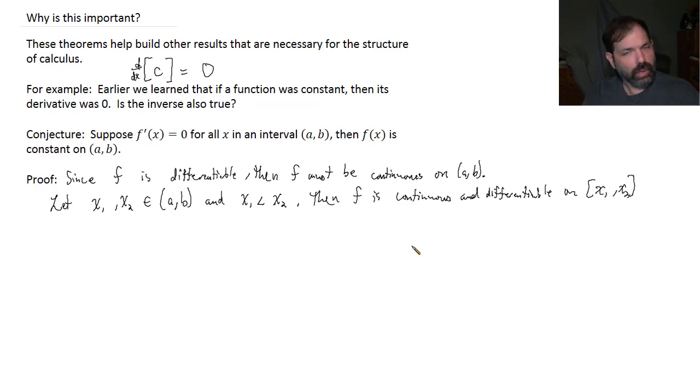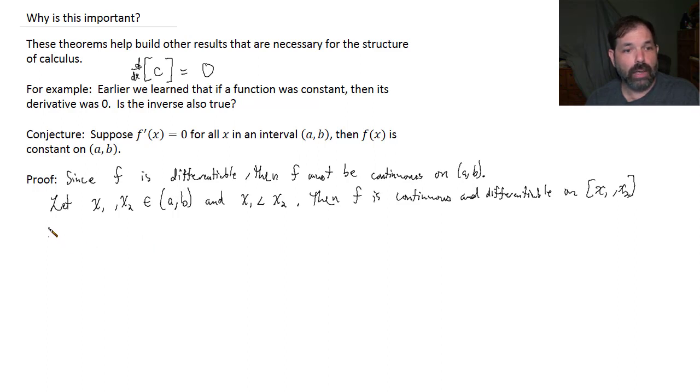So now I'm saying, okay, let's just choose a couple values that are within my given interval. Call them x1 and x2. They could be any numbers on that interval. The function is continuous and differentiable on x1, x2.